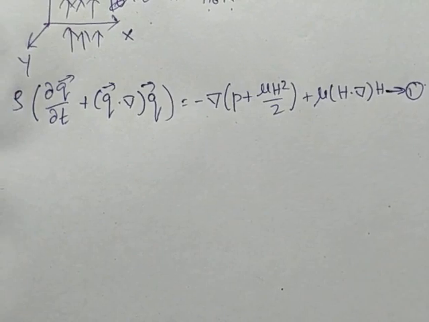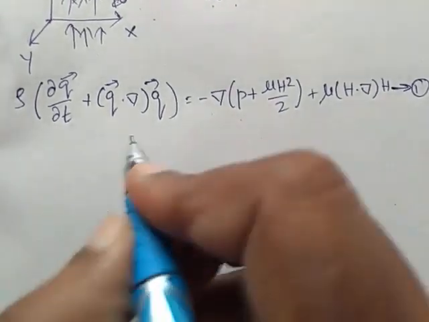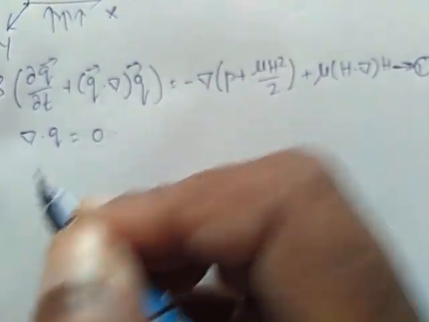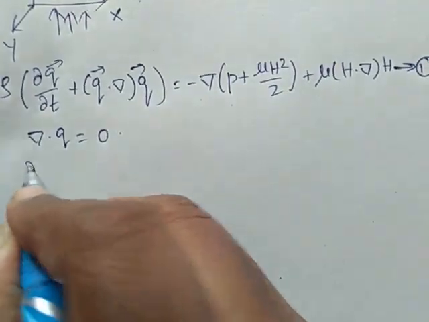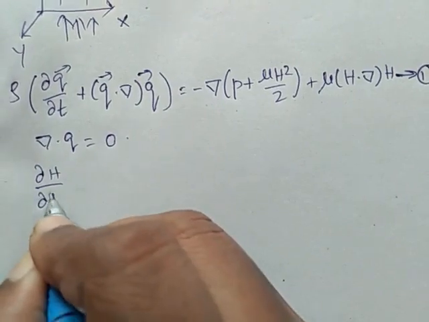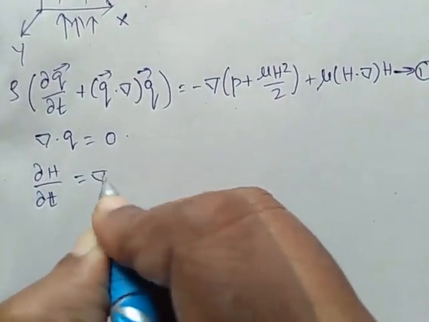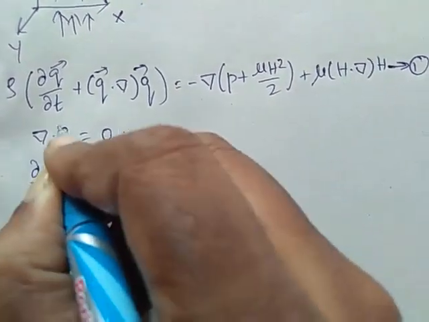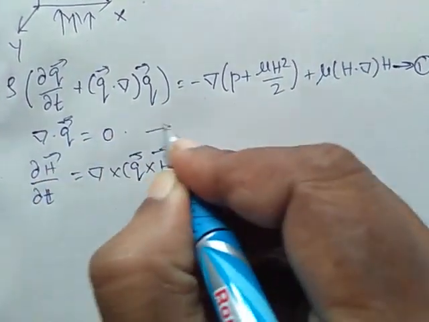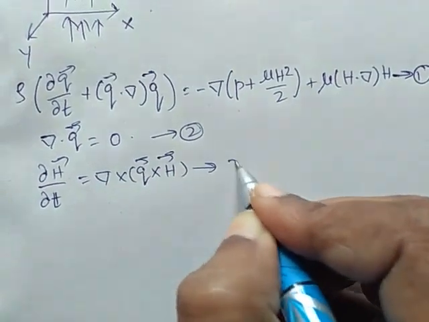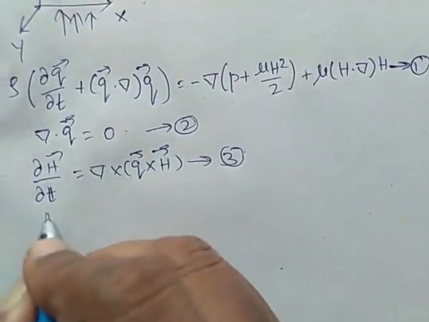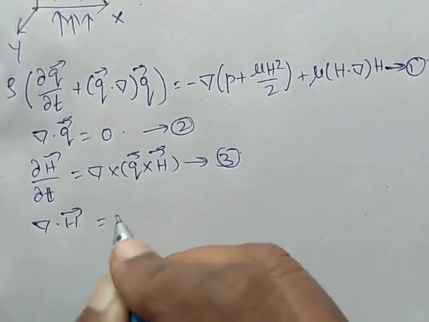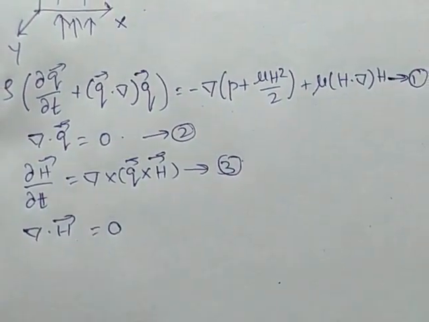And the equation of continuity is del dot q is equal to 0. We have the magnetic field equation, dou h by dou t is equal to curl of q cross h. I'll take these as equation 2 and equation 3, and we have the solenoidal property along with it: for magnetic field, del dot h is equal to 0.